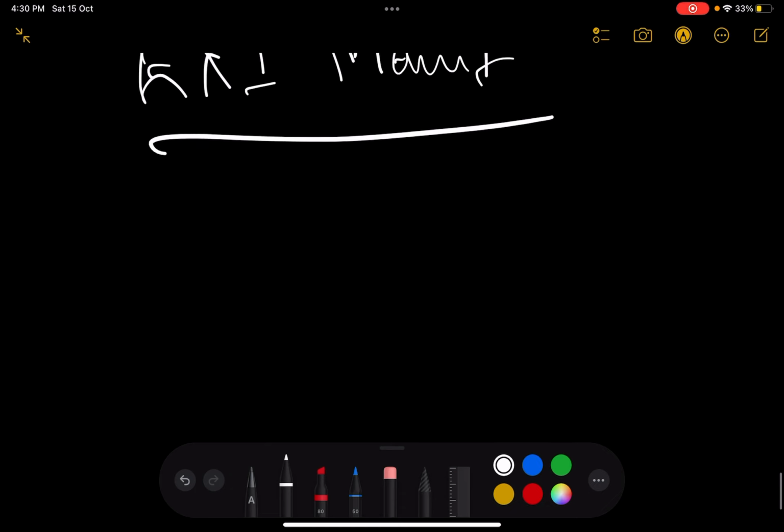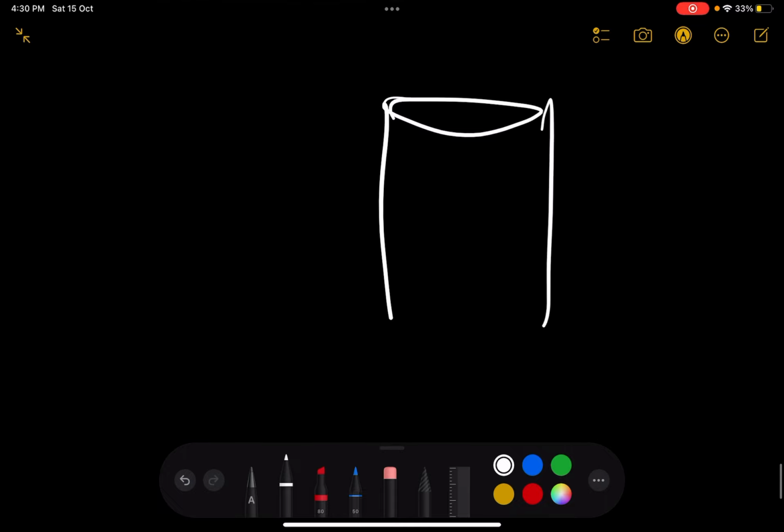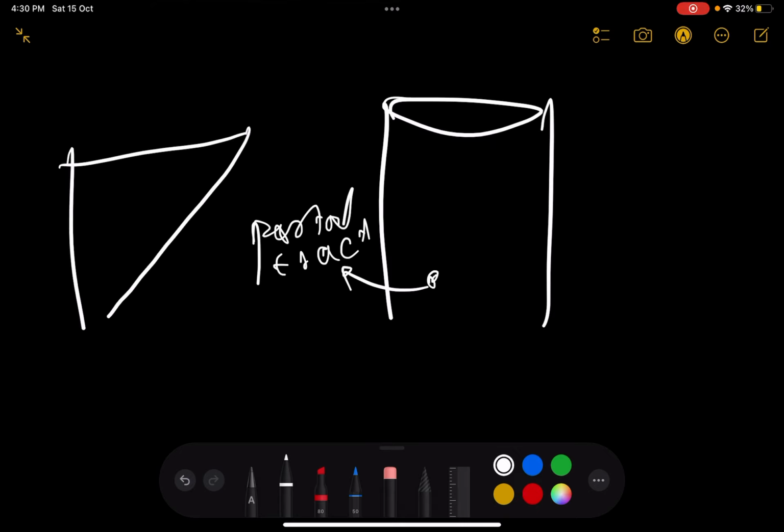Now think about this. This is your GI, okay? Here you have your metastatic trophozoite. Somehow it reaches into the portal tract, as in because of portal circulation. Now, when it reaches the portal tract, it reaches the liver. When it reaches the liver through the portal tract, it usually goes into the right lobe.